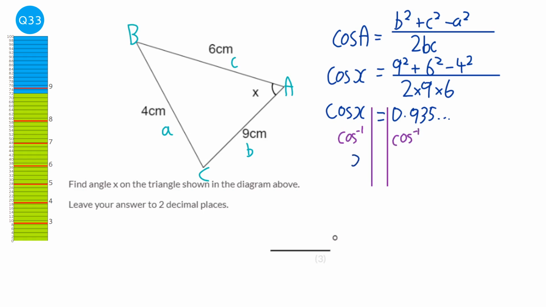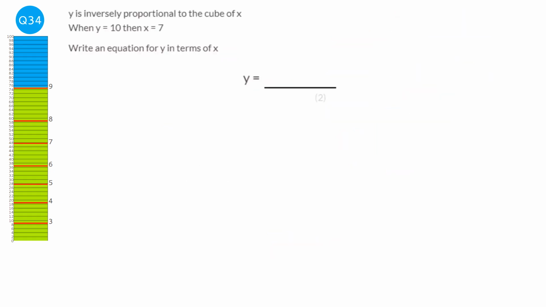So we're just going to do the inverse cos of 0.935 etc. on the calculator, and that gives us 20.741 blah blah blah, and it wants 2 decimal places, so that's going to be 20.74.